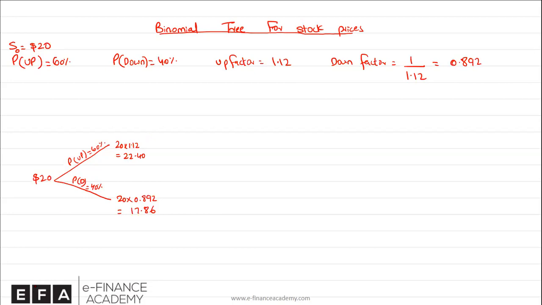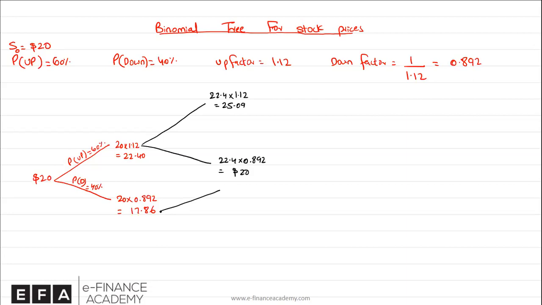Now again, in year 2, what can happen? From here, it could go up or it could come down. If it goes up, it's going to be 22.4 times 1.12, so it goes up at a speed of 1.12 to become 25.09. Or it will be 22.4 times the down factor because it's coming down, and that equals around $20.